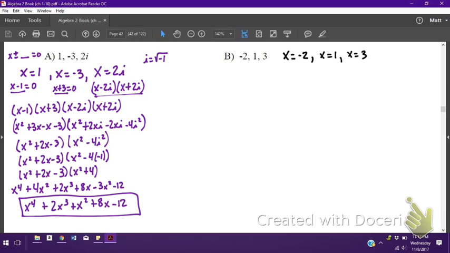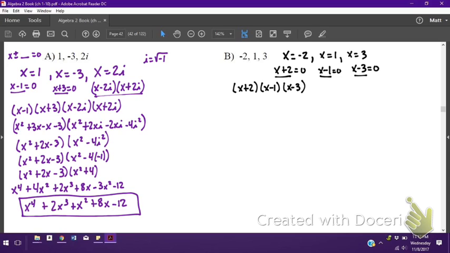So if I change these into binomials, I get x plus 2, x minus 1, x minus 3. Again, if you set them equal to 0, you would see how I get those binomials. And so we're just going to take the binomial part and multiply them together. So I've got x plus 2 times x minus 1 times x minus 3.